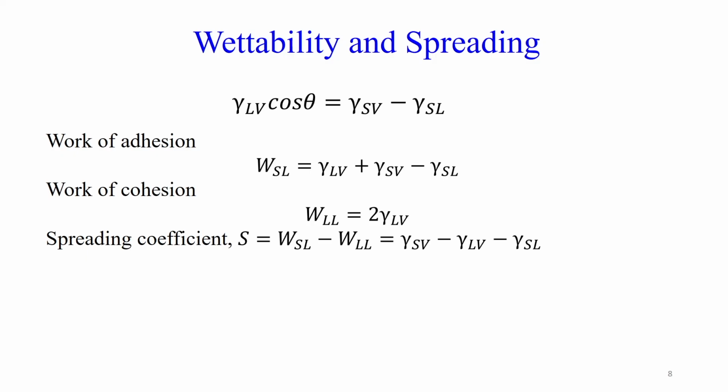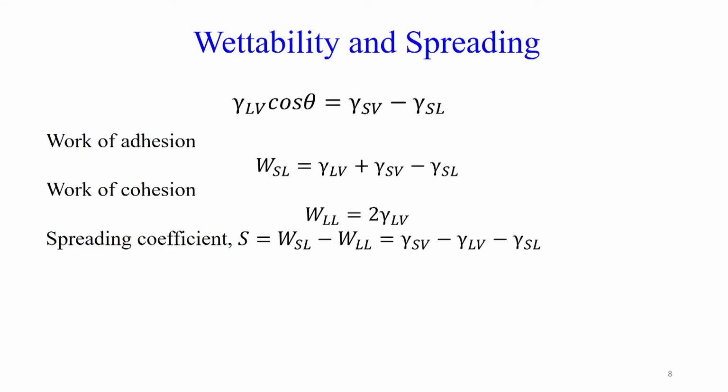Now, next is wettability and spreading. As you remember, in the very first class we discussed adhesion and cohesion. If a liquid is going to wet a surface, it means there is going to be adhesion.